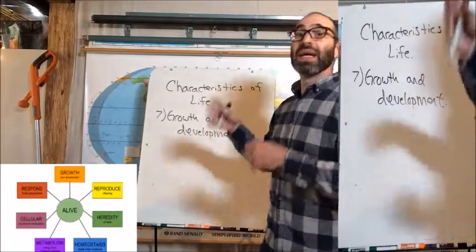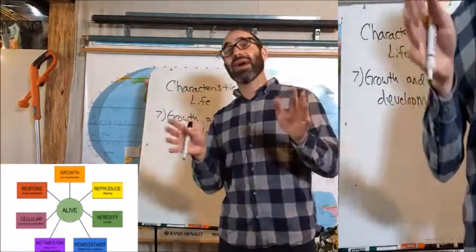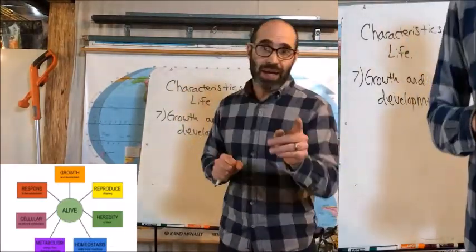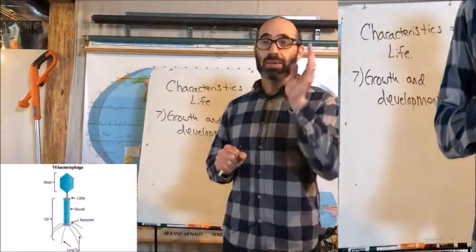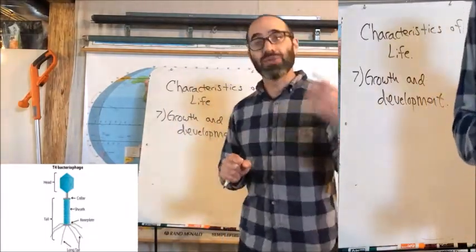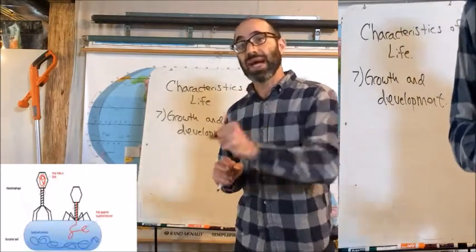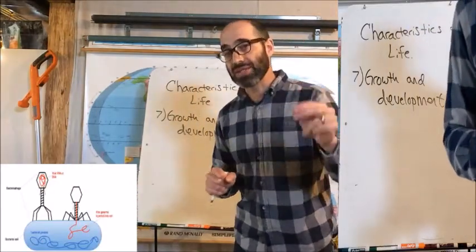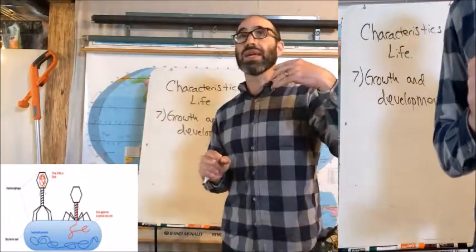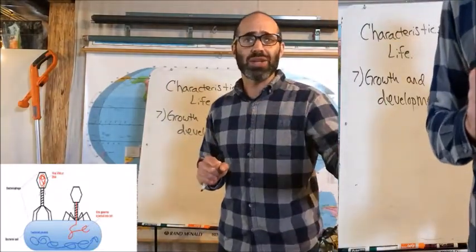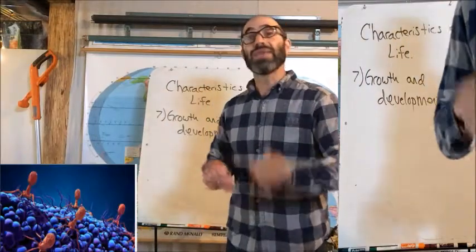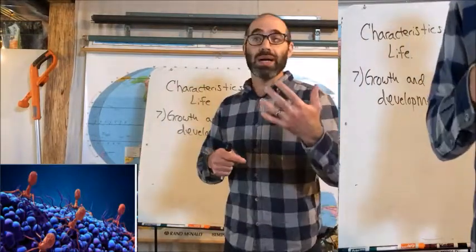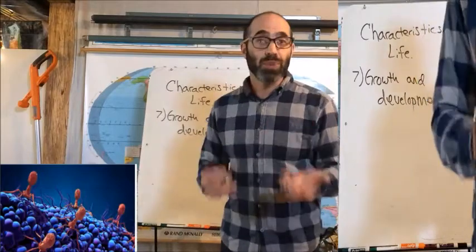Characteristics of life. If something does not have one of these characteristics, it is not considered to be a living thing. Viruses do not possess the characteristic of reproduction. Viruses cannot reproduce on their own. Viruses have to hijack the cellular machinery of a specific type of cell, and then use that cell's machinery to make more viruses.